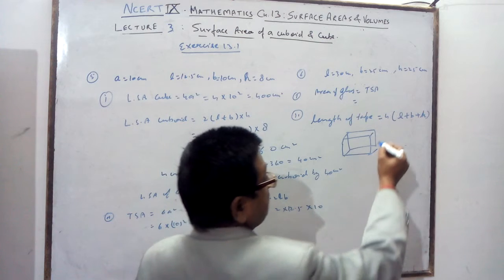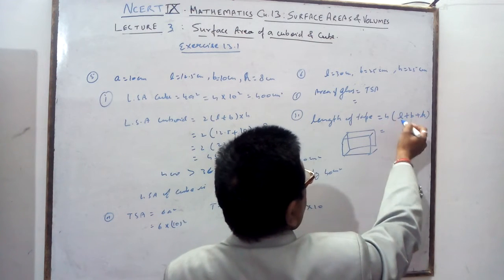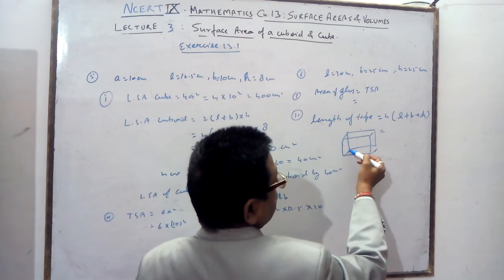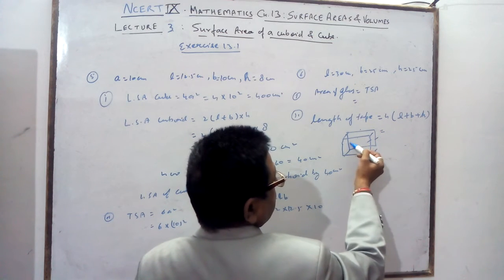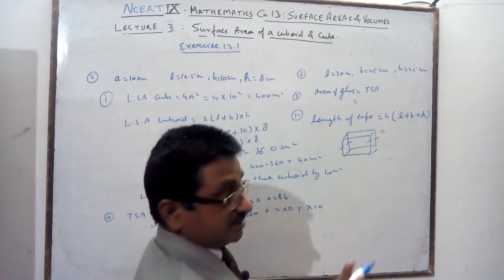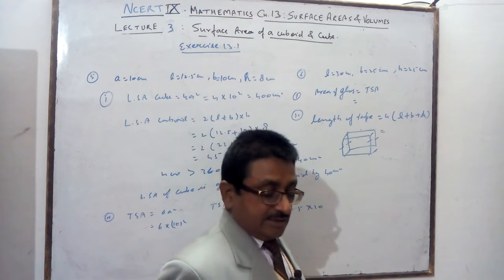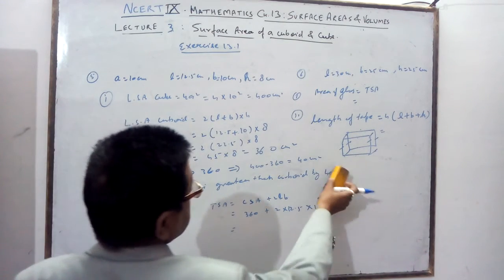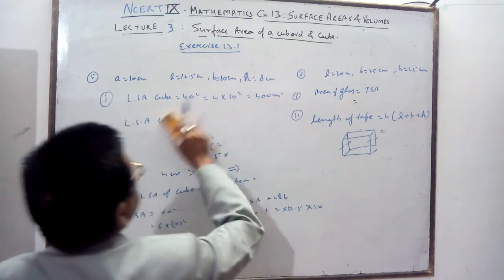It is the length of the tape required. 4 times length, 1, 2, 3, 4. 4 times breadth, 4. 4 times height, 4. 3 times 4 is 12. Put the values and you can get the result.